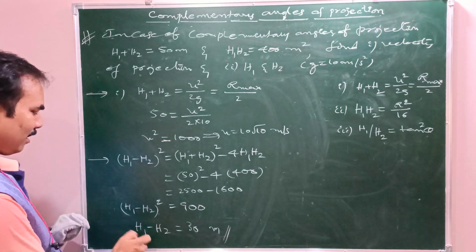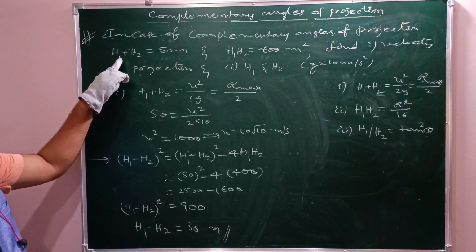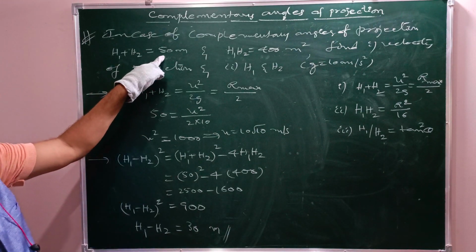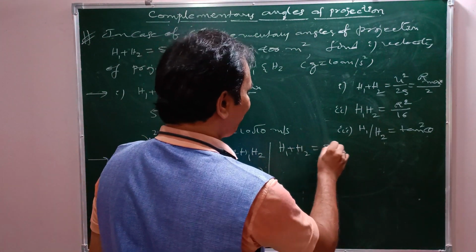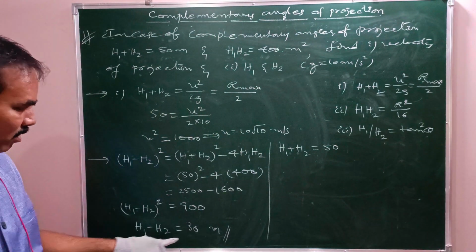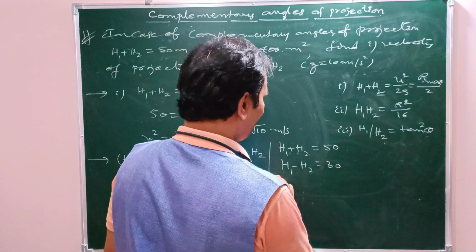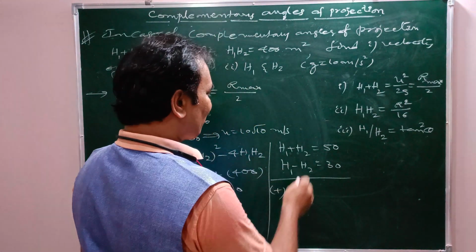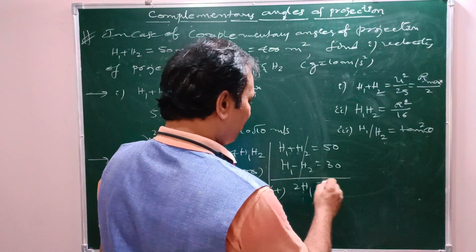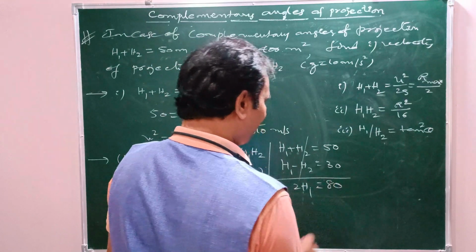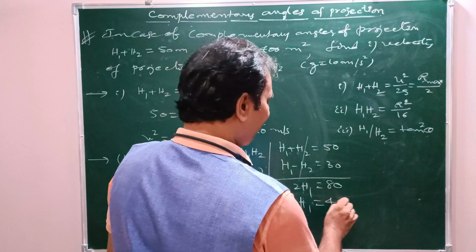Why meters? Because height minus height will again be height. So we have h1 plus h2 equal to 50 meter, h1 minus h2 equal to 30 meter. On adding, h2 minus h2 cancels. So 2h1 equal to 50 plus 30, that is 80. Now h1 equal to 80 by 2, 40 meter.